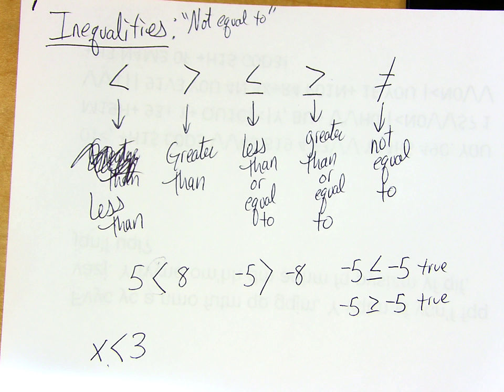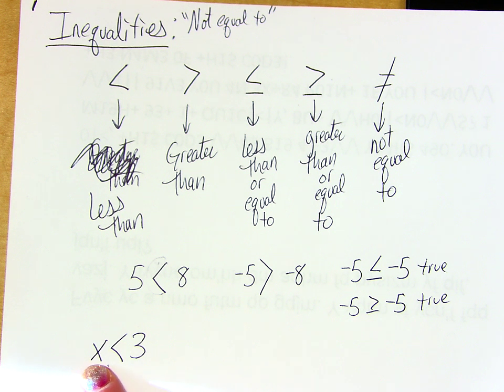It could be 2, it could be 1, it could be any negative number in the whole wide world. Could it be 1.5? Yeah, 1.5 is less than 3. Could it be 2.9? Could it be 2.99? Could it be 2.99999? Could it be 3?